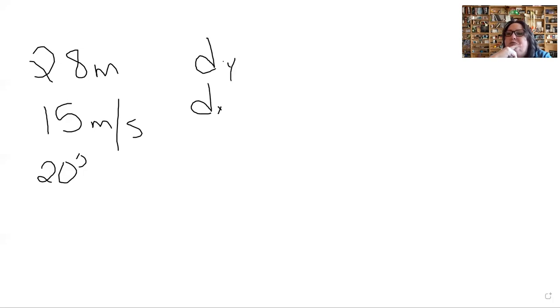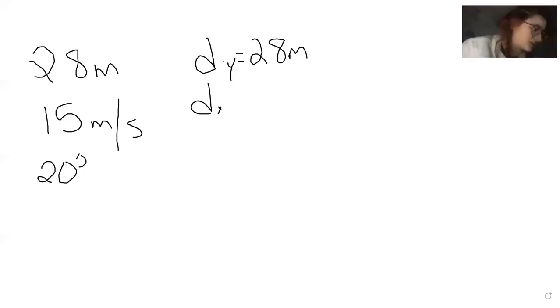So, Danielle, what is the distance on the y? That's the up and down distance. Well, it says 28 meters above the ground. You got it. So that's our distance on the y. And I think you said it wanted to know how far it went horizontally before it hits.